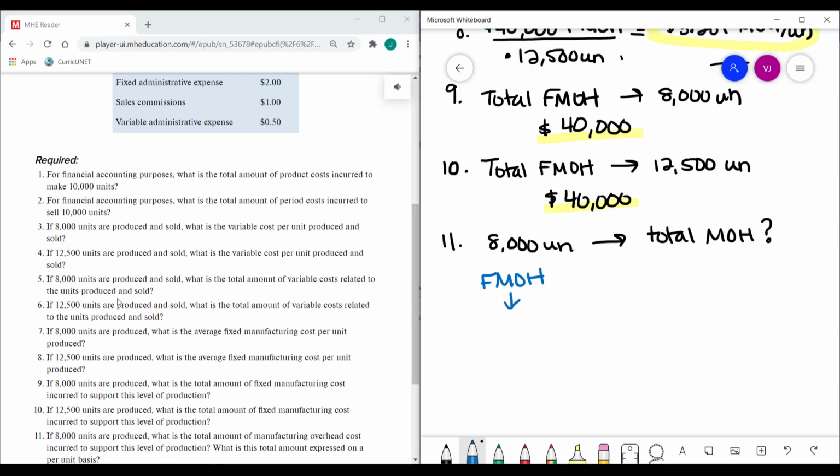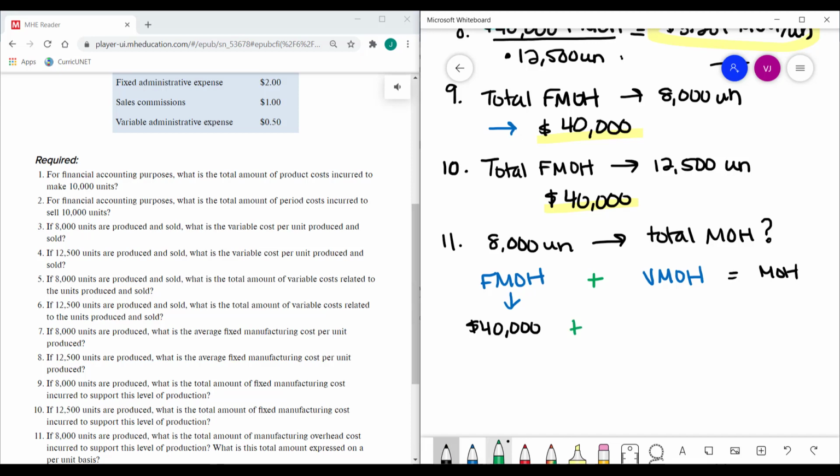But good news is we already know what the fixed portion is. We just determined that in number 9. We know that the fixed manufacturing overhead cost when we produce 8,000 units is $40,000, but we want to add that to the variable manufacturing overhead, because fixed overhead plus variable overhead gives us total overhead.